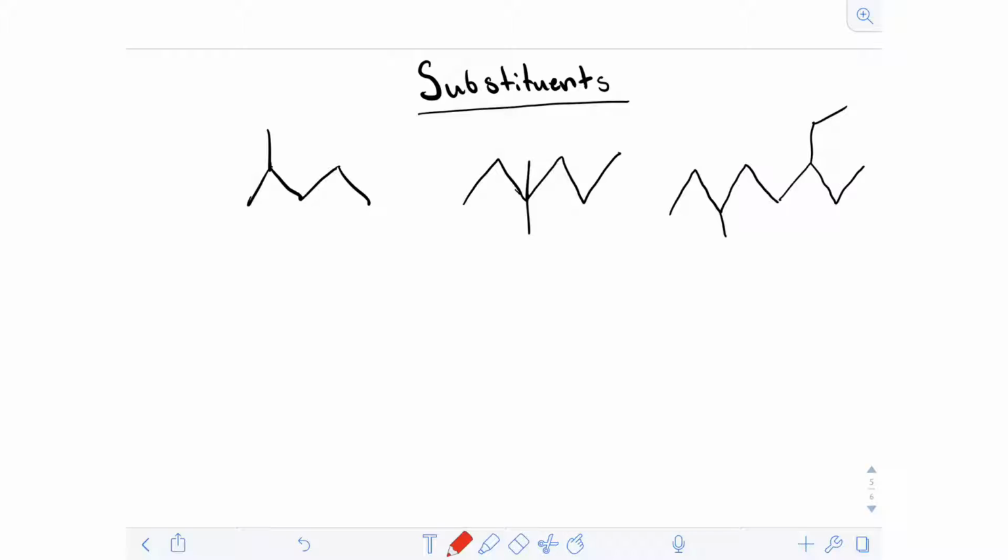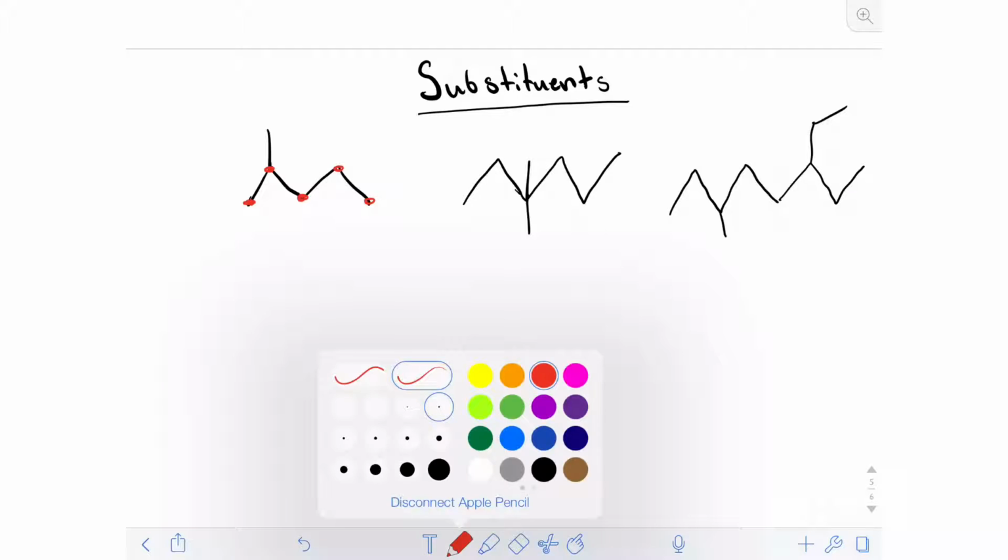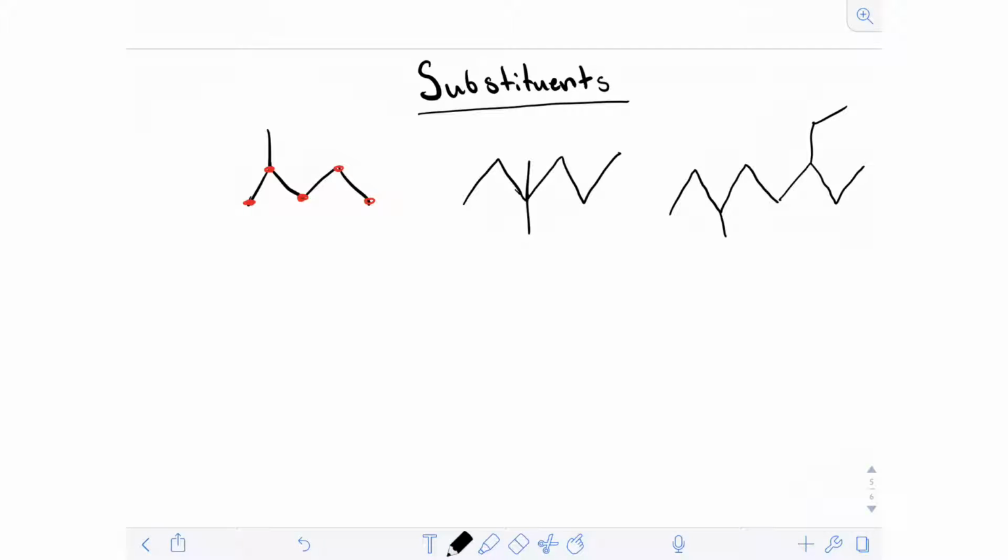So again, we're going to count our carbons up. 1, 2, 3, 4, 5 carbons. We're going to try to get our lowest number. 2, 3, 4, 5, and then we'll go from right to left. 1, 2, 3, 4, 5.